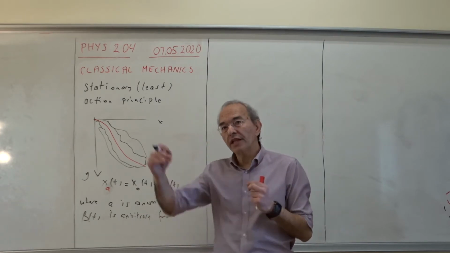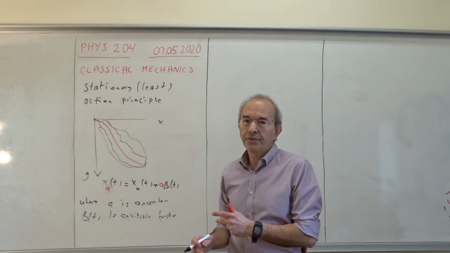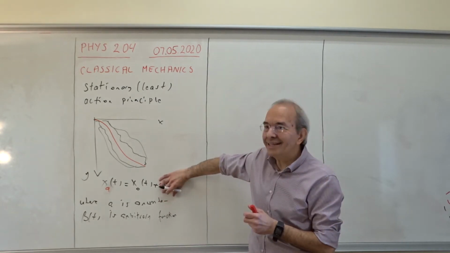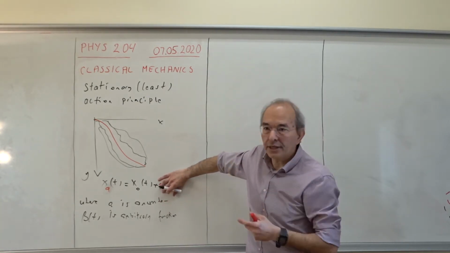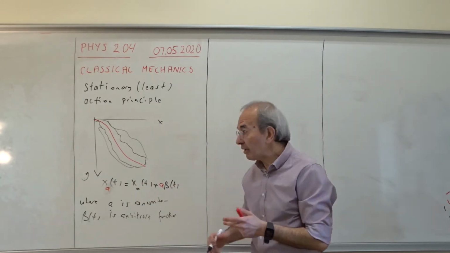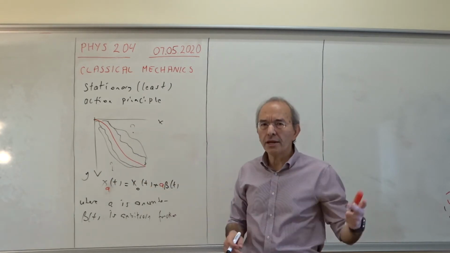Arbitrary, but we only know that at the end points it becomes 0, so that it doesn't affect the initial and final positions. Since this is 0 at the beginning and at the end, x_a and x_0 are equal. However, in between, what happens? What is beta of t? It's an arbitrary function.